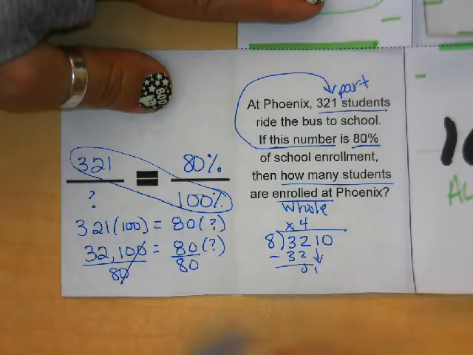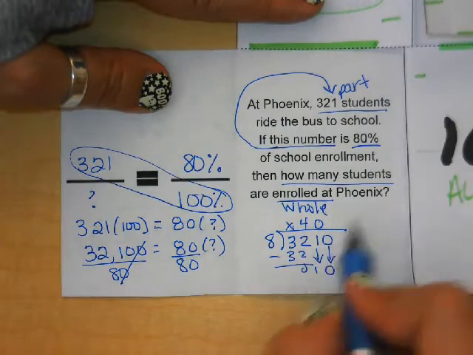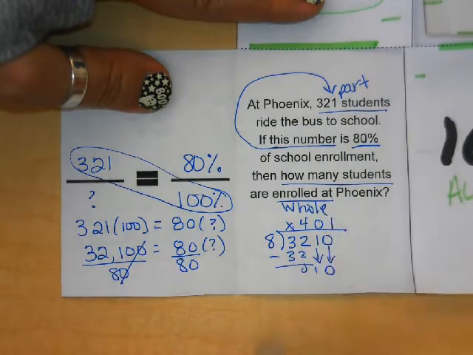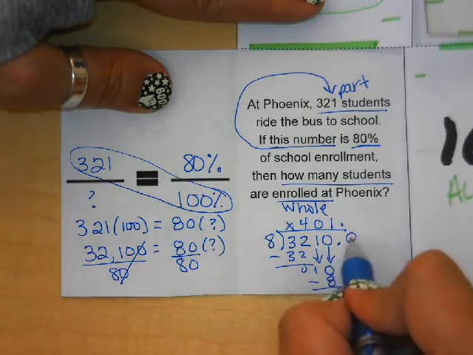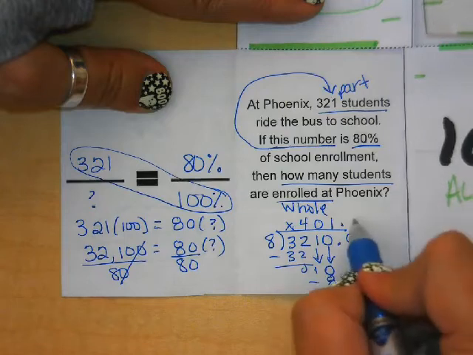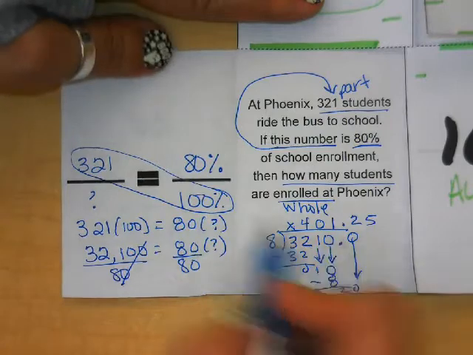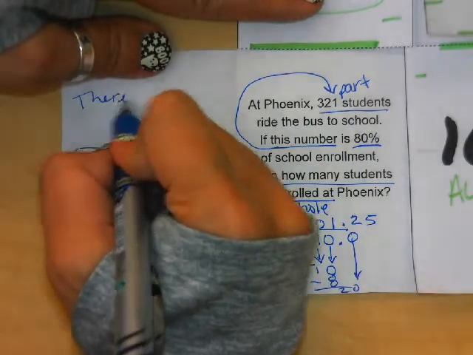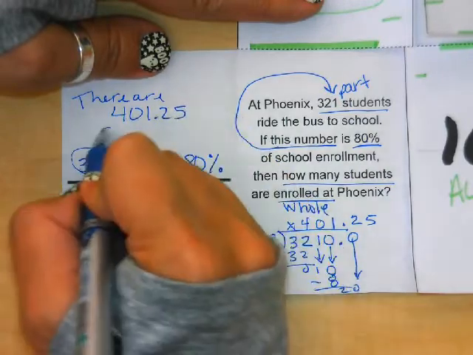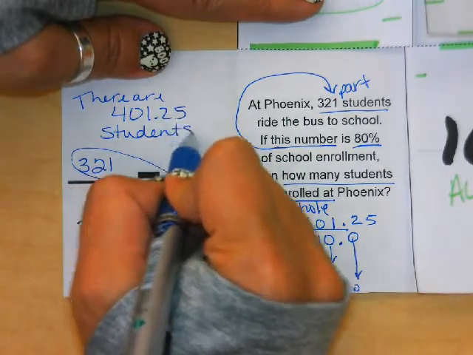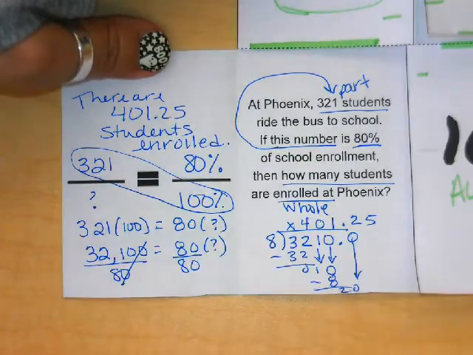Bring down the 1. It does not go into 1. Bring down the 0. So I have 8 goes into 10 one time. We're actually going to stop there. We could add our 0. We could keep going. But it doesn't make sense to have 0.25 students. So we could say there are 401 students enrolled, because that is the whole. Okay?